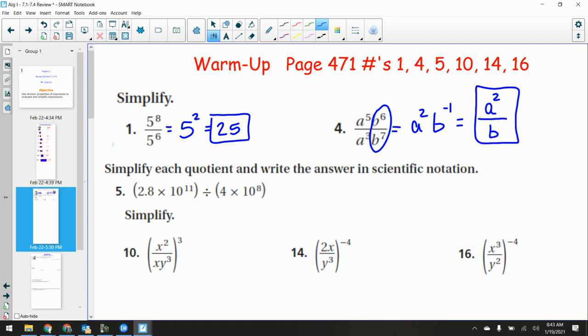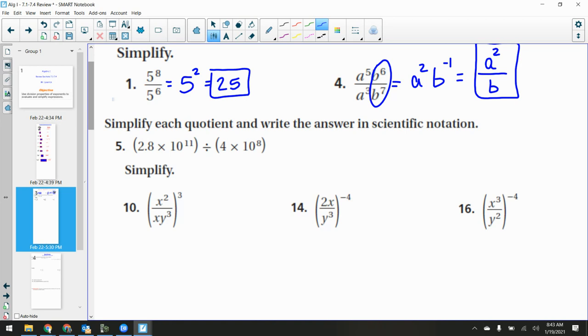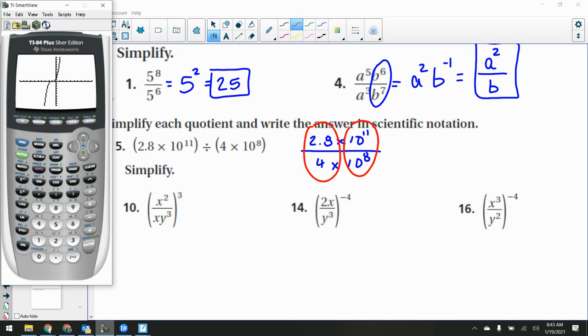Okay, let's take a look at the scientific notation one. Remember, I like to write it as a fraction, so 2.8 times 10 to the 11th divided by 4 times 10 to the 8th. Now, this one is unique in that I can take this and then that separately as division, right? Because it's all multiplied on the top, so I can divide them separately if I'd like to, which I'd like to.